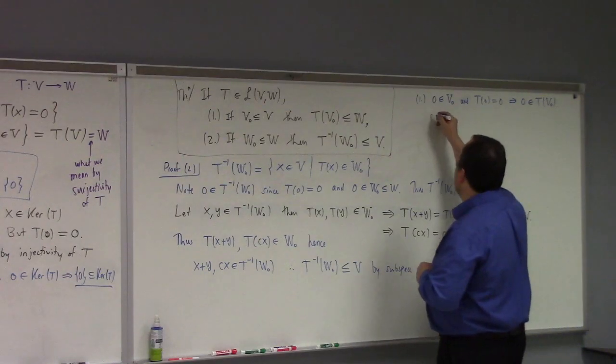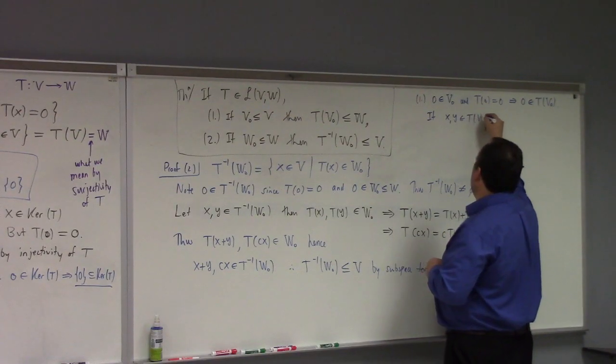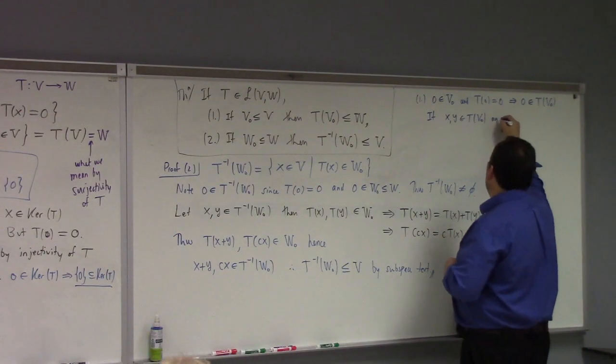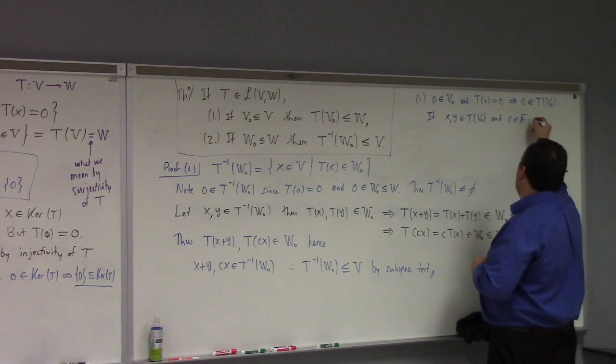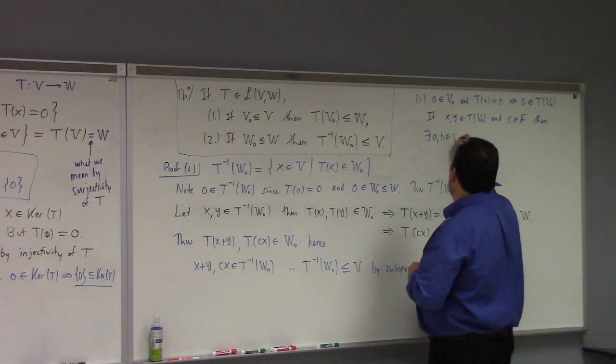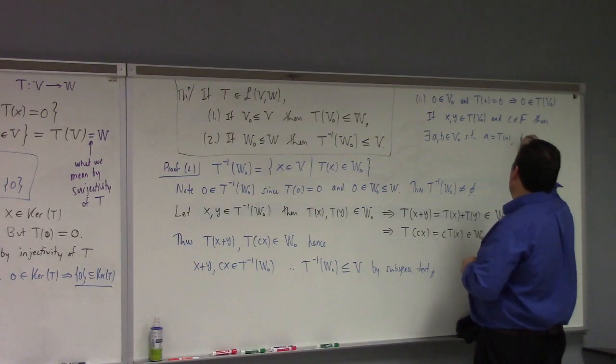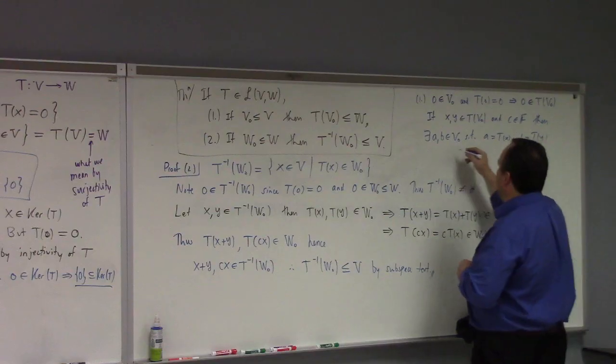And then if we have x and y in T of V naught and c a scalar, then there exist a and b in V naught such that a is equal to T of x, b is equal to T of y.